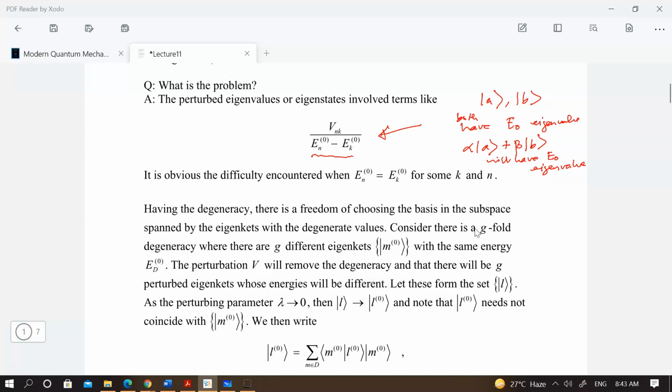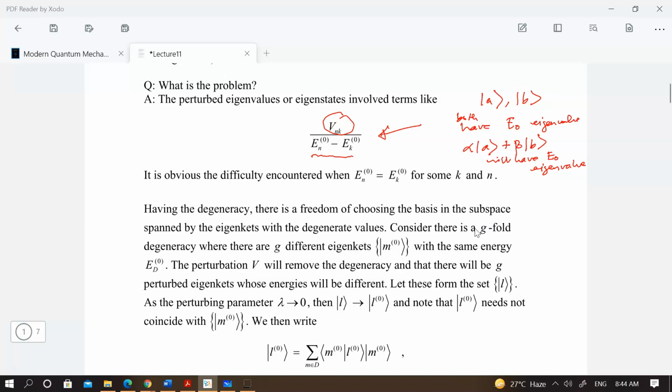Consider the connection between the n and k states: you would prefer that your potential matrix element here be zero. And that will solve this problem with degeneracy.